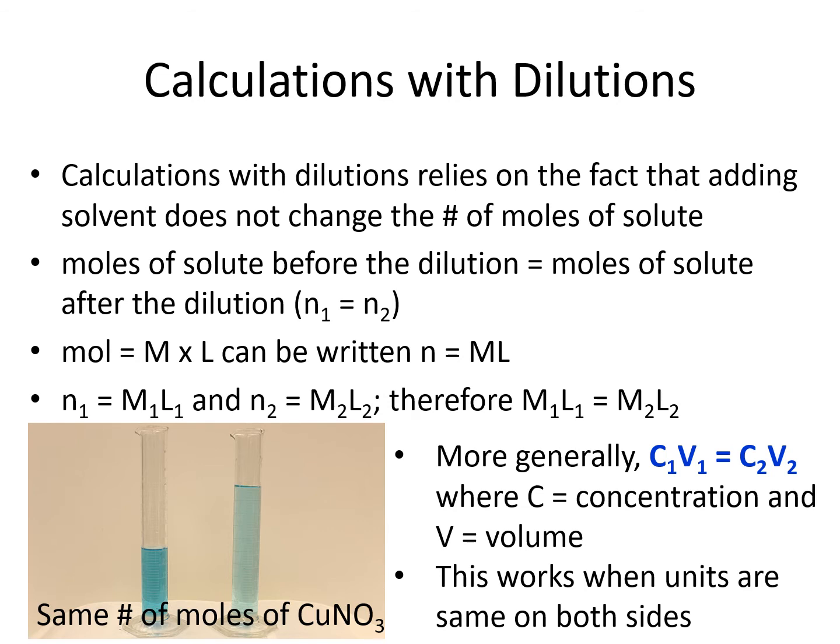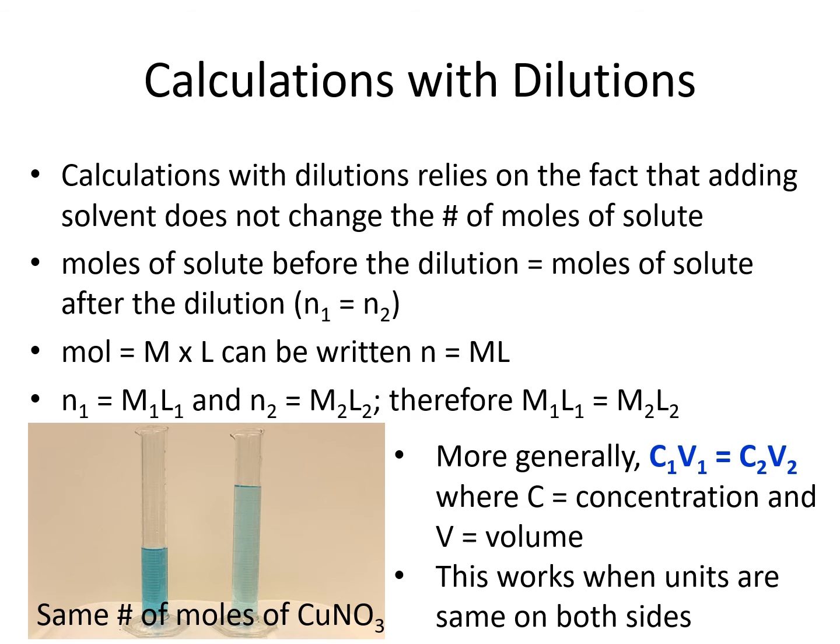And that's because of simple algebraic rules. If we multiply both sides of an equation by some number or divide both sides of an equation by some number, that equation is still valid. So let's say we were dividing both sides by 1,000, going from liters to milliliters or vice versa, then the equation is still valid.